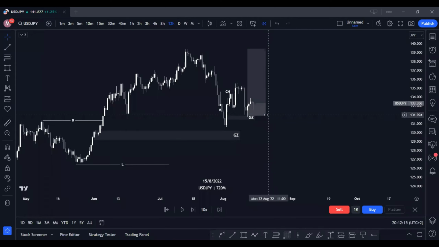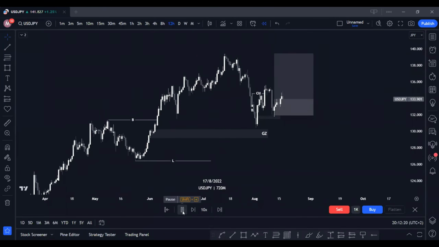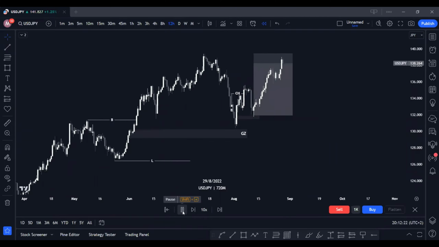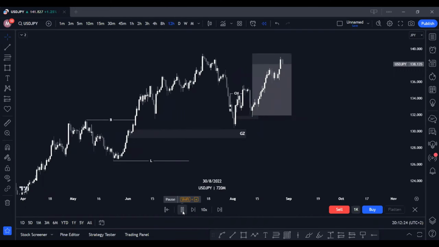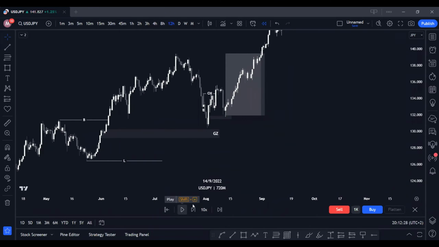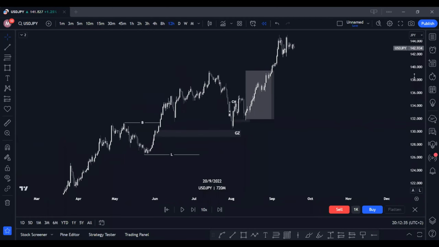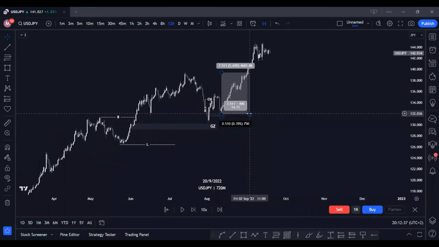So let's see what price did. As you can see, price pushed to the upside and took our profit. So this was a 15-hour trade from our pair USD JPY.